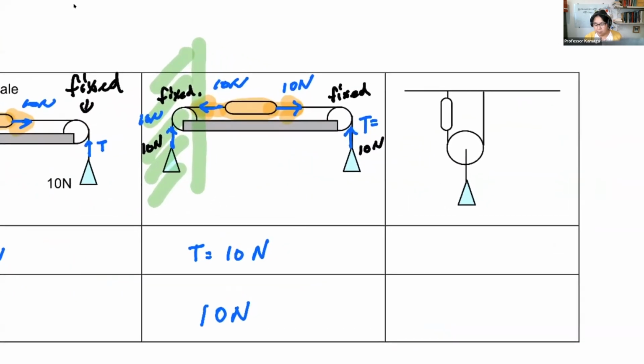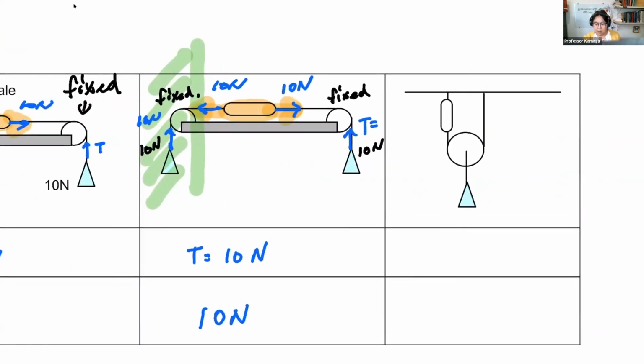The last example. Now we have a 10 Newton weight. And is this pulley a fixed pulley or movable pulley? This pulley is a movable pulley.